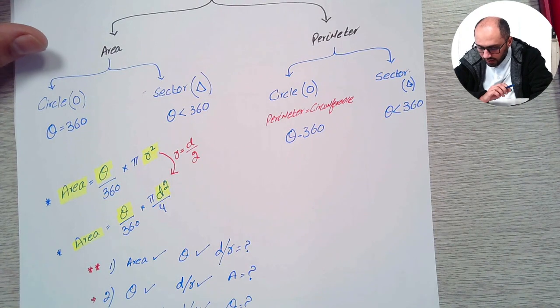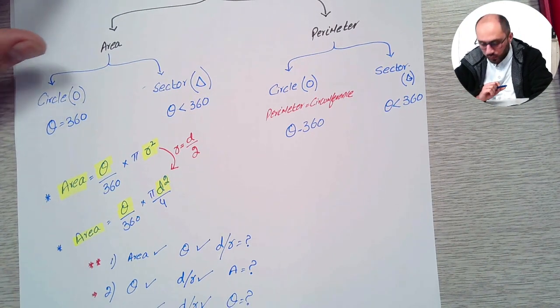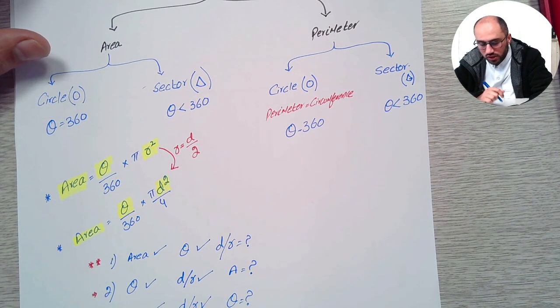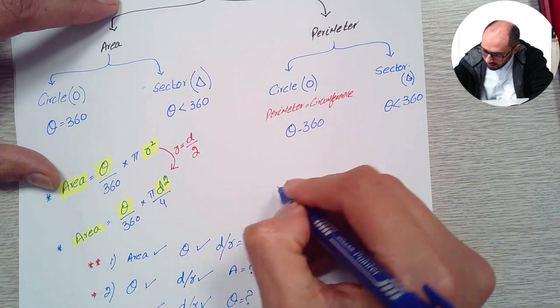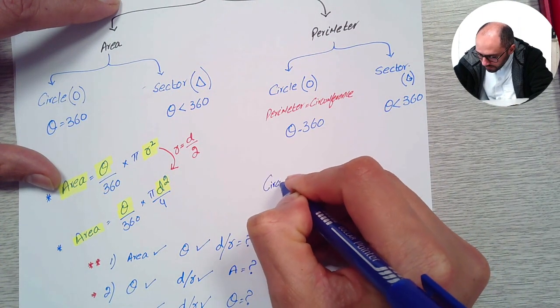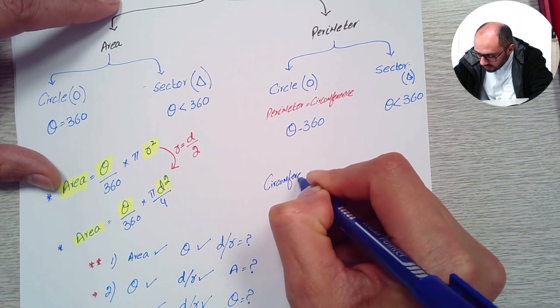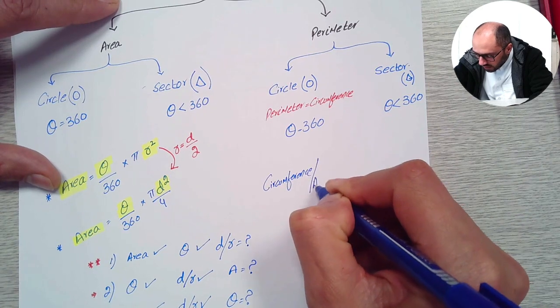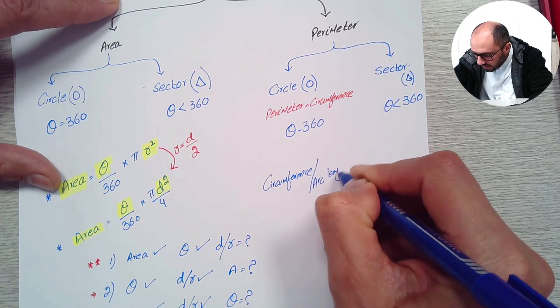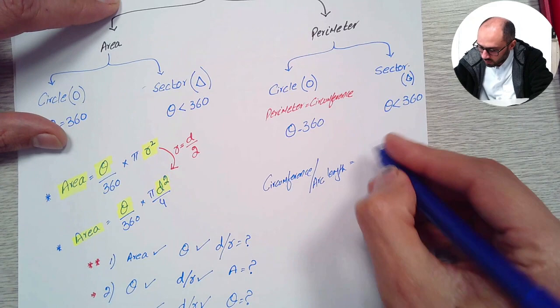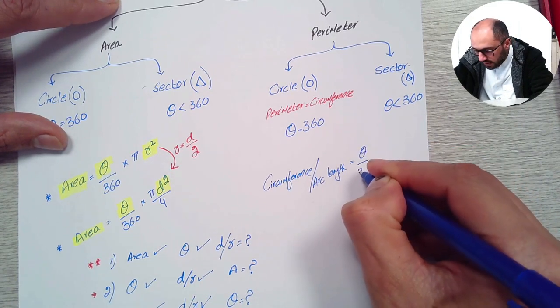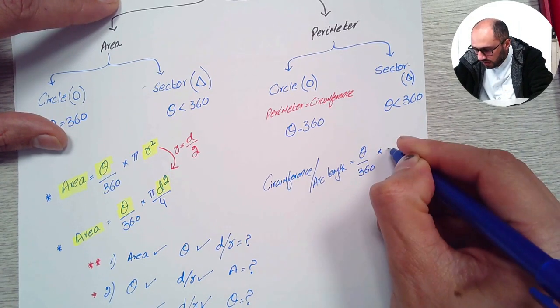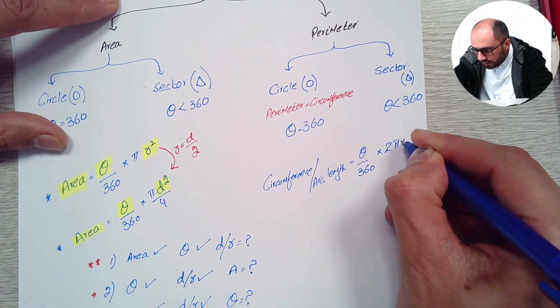Just like in the case of area, we also have a general formula to calculate the circumference or the arc length. So I can say my circumference slash arc length can be calculated by a formula which is angle over 360 times 2 pi times r.